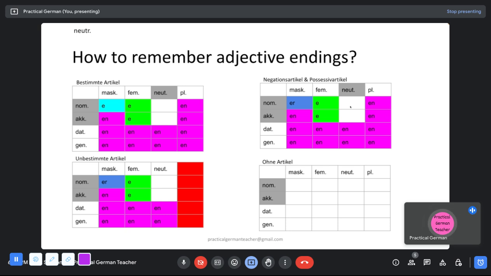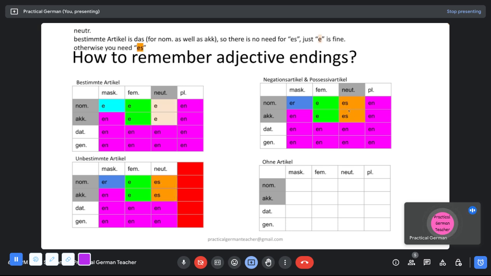That means we have to make the adjective ending sound like "s". Here as well, the sound of "s" will not be there in the article, so we have to make the adjective ending sound like "s". So here it will be S. Here the sound of "s" is there in the article itself, so we don't have to make the adjective sound like "s". We can just make it sound like E. Is it clear? Please ask questions if you want me to repeat anything.